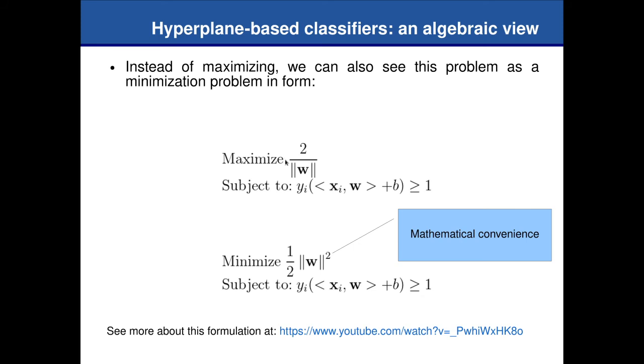I'm going to show you guys a way of rewriting my problem. Instead of maximizing this problem, which is the same I showed you and we found together after the projection, I can just change it. I can invert. I can use W, the norm of W on top and 2 dividing.